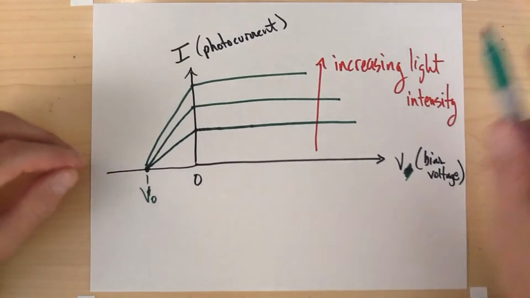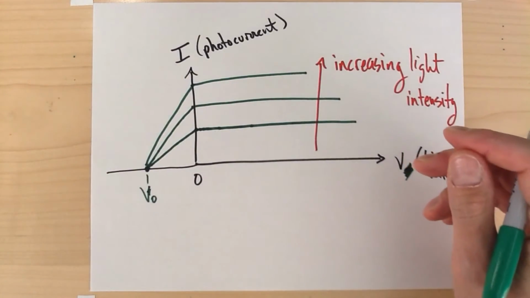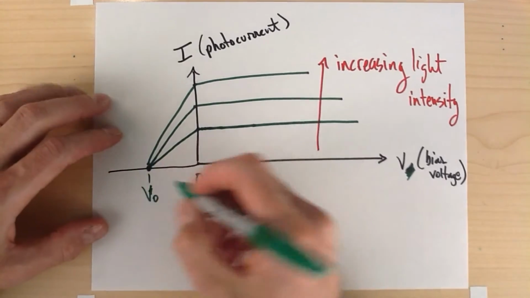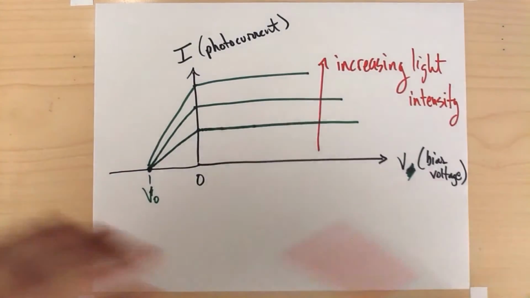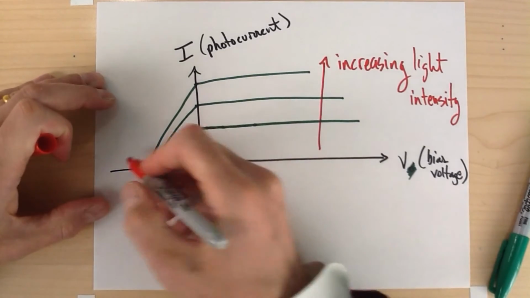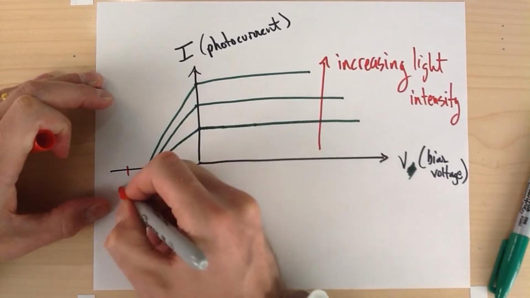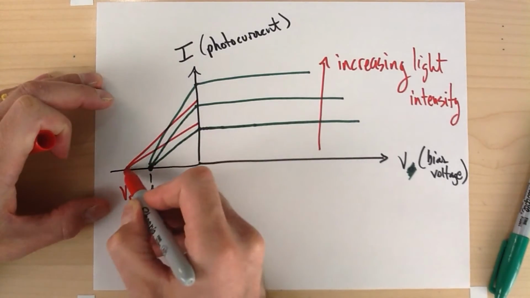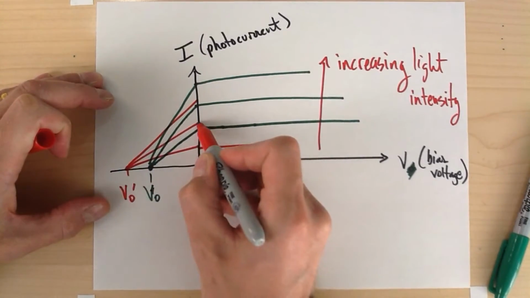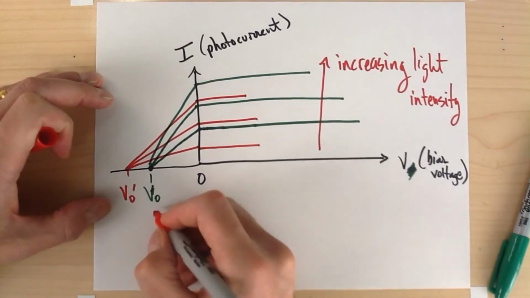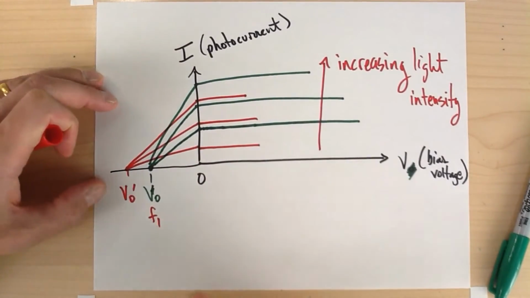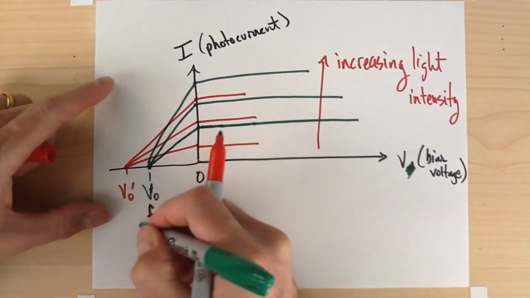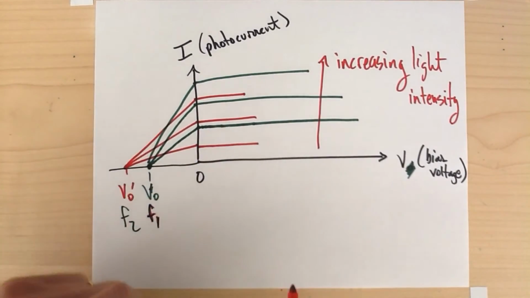And that's why we have a voltage here that is going to be different for different frequencies. So for one frequency, it's going to lead to one, and for another frequency, it's going to lead to the second one.